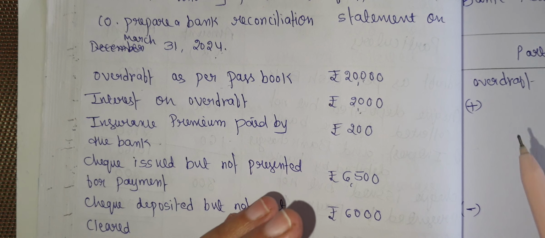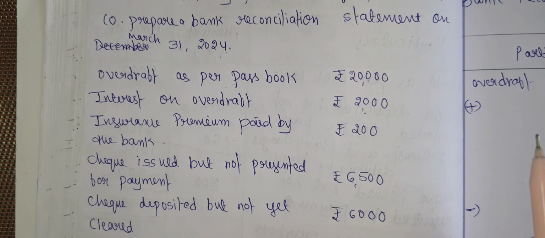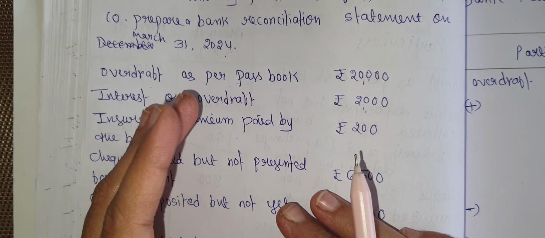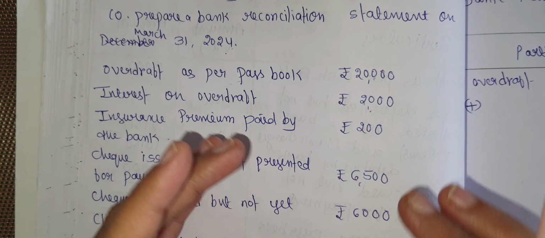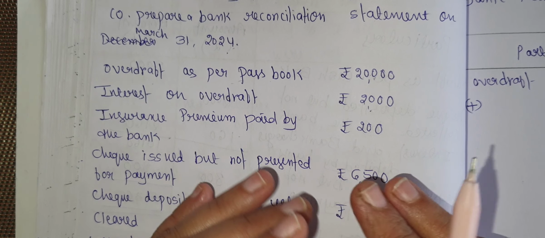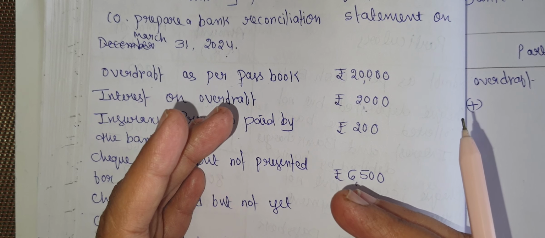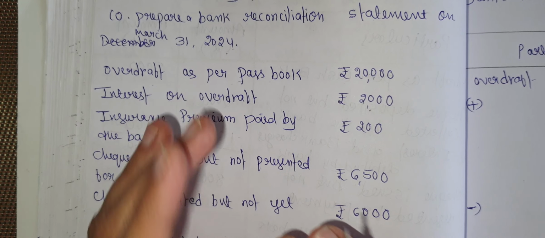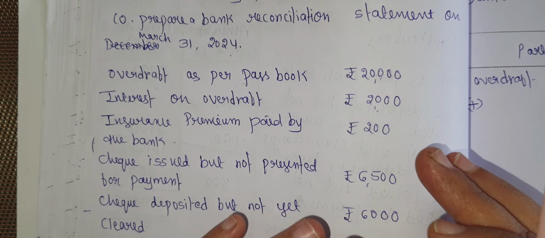See, in the case of favorable balance, if the cash book balance is given in the problem, we need to check its effect on the passbook. And if the passbook balance is given in the problem, we need to check its effect on the cash book. Just exactly the opposite book, we need to check the effect.